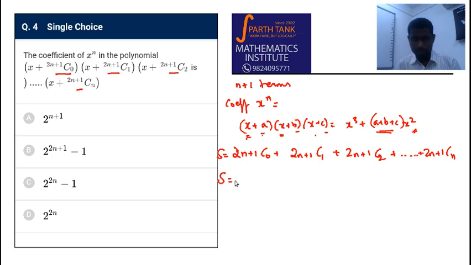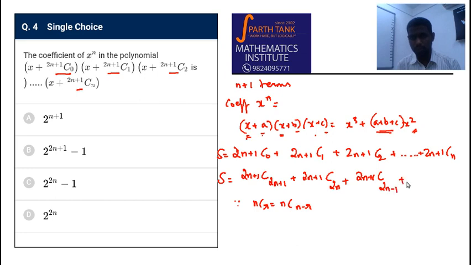Let us rewrite this also using the idea that nCr can be written as nC(n minus r). Therefore, this can be written as 2n plus 1 c 2n plus 1. This can be written as 2n plus 1 c (2n plus 1 minus 1), so 2n. This can be written as 2n plus 1 c (2n plus 1 minus 2), so 2n minus 1.